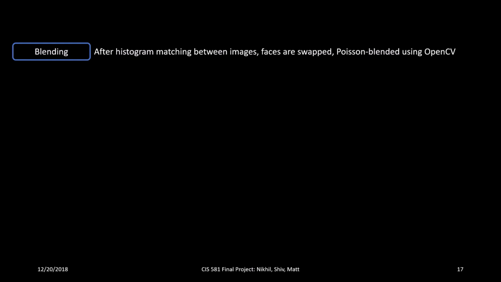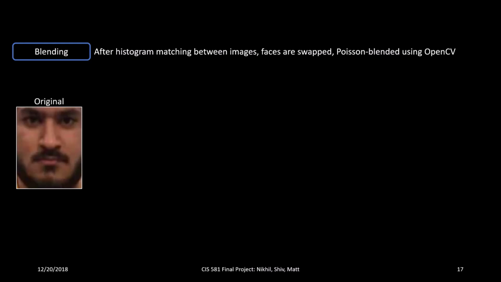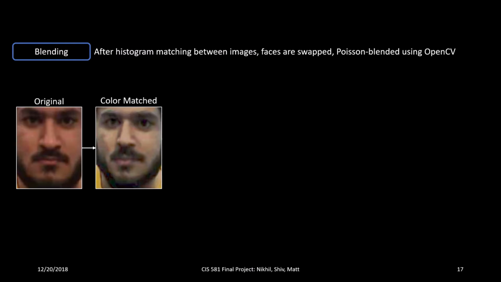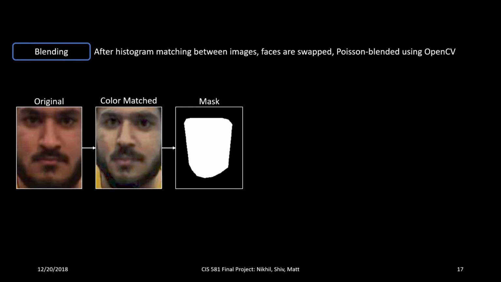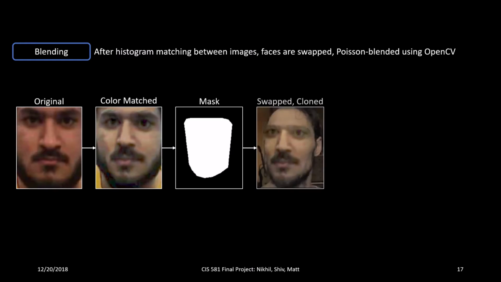The final step in this process is blending those two images together. So starting with the original source window, it's matched color-wise using a histogram matching algorithm. Now this is done kind of during the morphing step, so there's a little bit of overlap here. Then a mask is created based on the features after the morphing is completed.